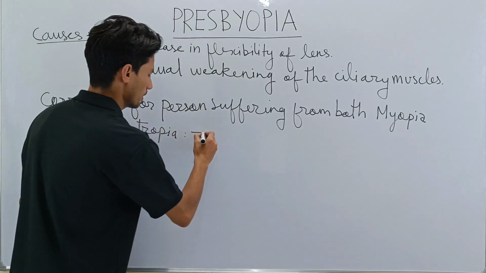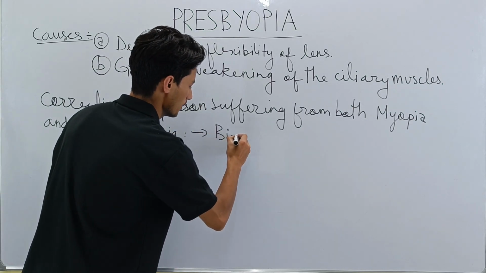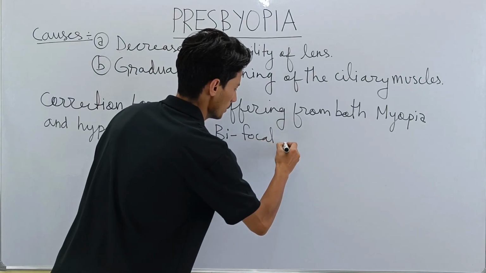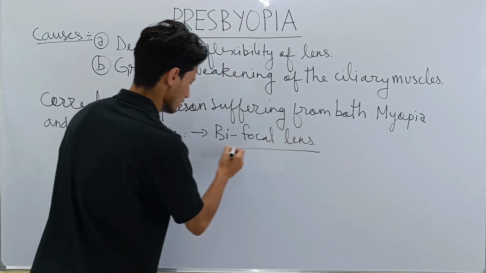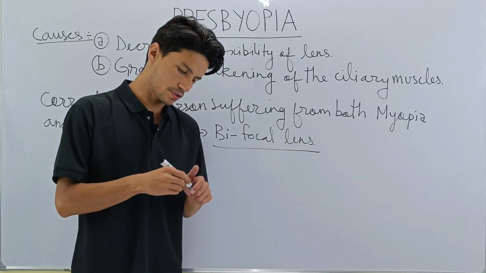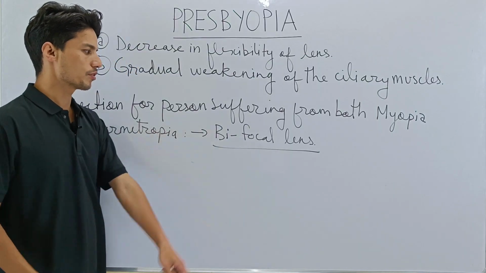What is the correction? The correction is bifocal lens. Okay, class? The correction for a person suffering from both the defects is bifocal lens.